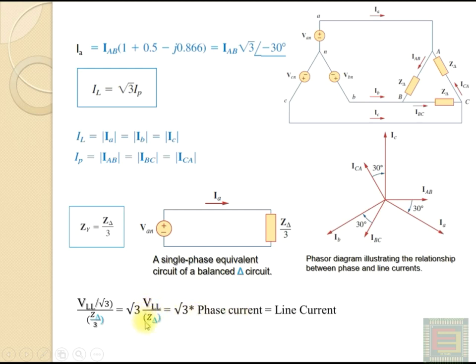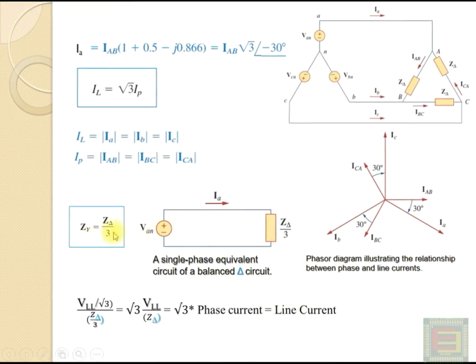And here VLL by Z delta is the phase current, because in between these two you have the line to line voltage. So VLL, the line to line voltage, divided by Z delta, the impedance, gives the phase current. So the line current IA represented by this single phase equivalent is root 3 into phase current, which is equal to the line current from this relation.